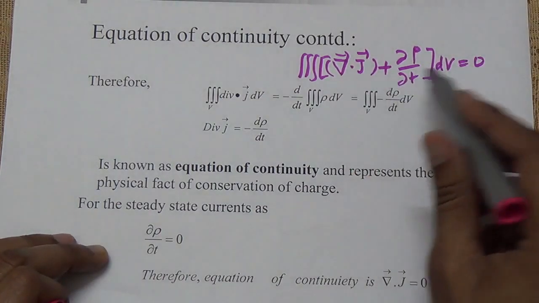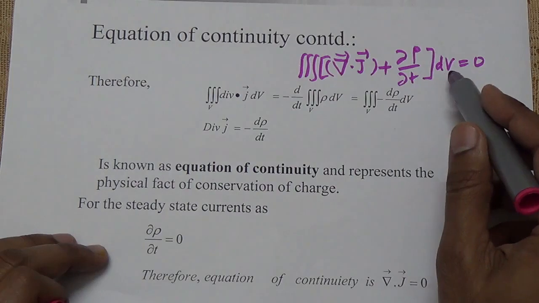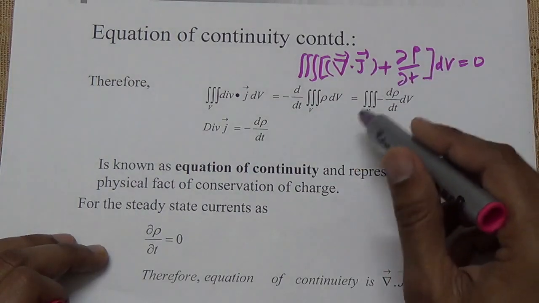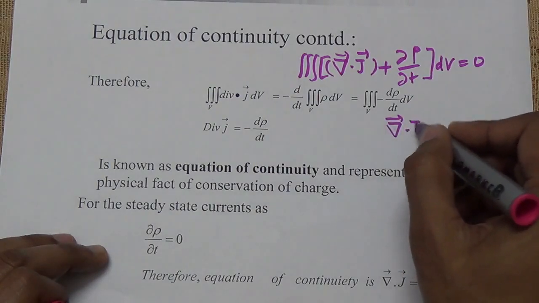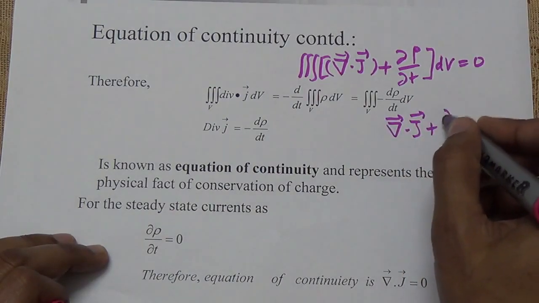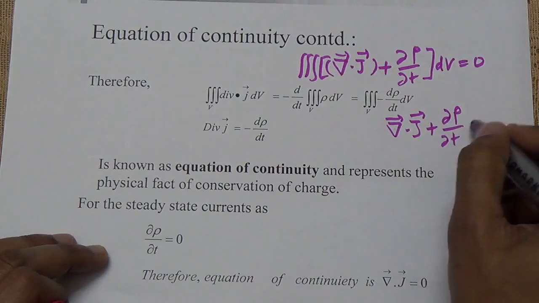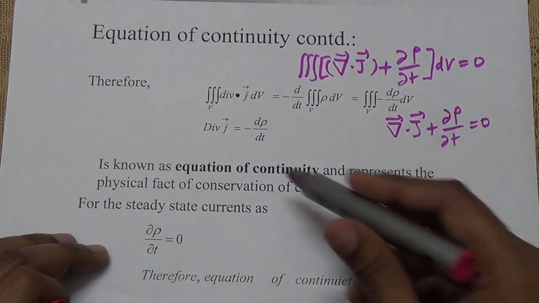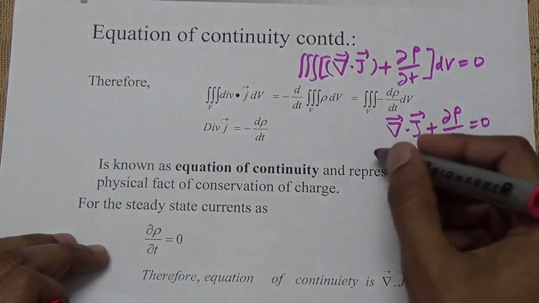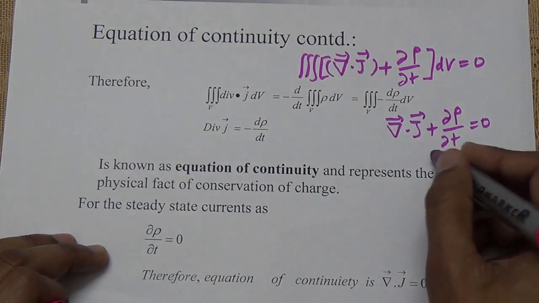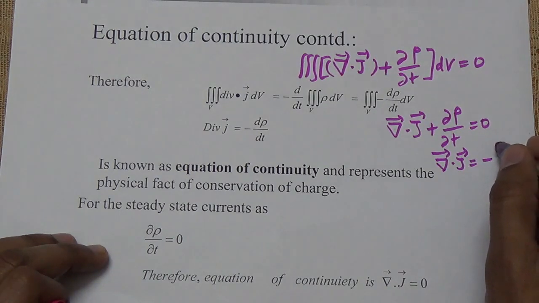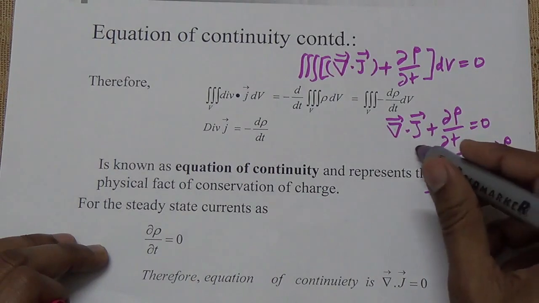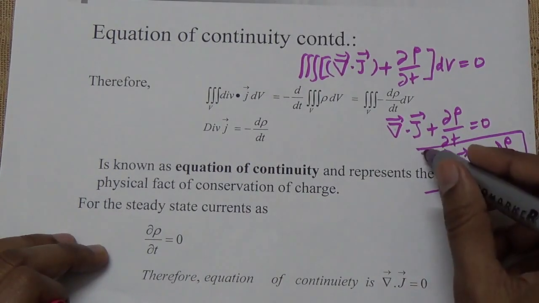As we have considered earlier, the volume of the cylinder cannot be 0, so this factor is equal to 0. If this is equal to 0, then the divergence of J plus d rho upon dt is equal to 0, and from this one can conclude that the divergence of J is equal to minus d rho upon dt, which automatically proves the first statement.